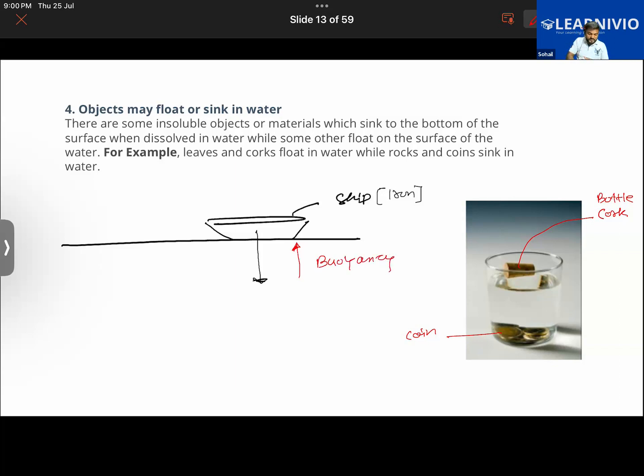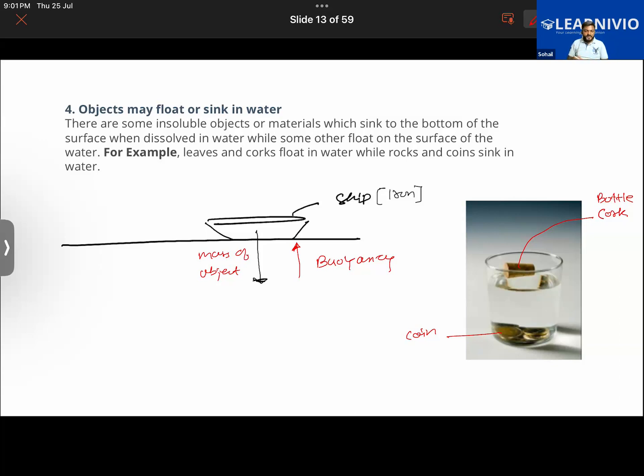And the downward force that is acted over here is due to the mass of the object. Now, when a body is floating, the downward force from the mass of the object and the force of buoyancy applied by the water are equal.